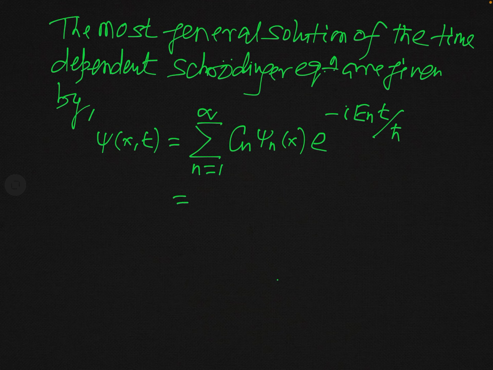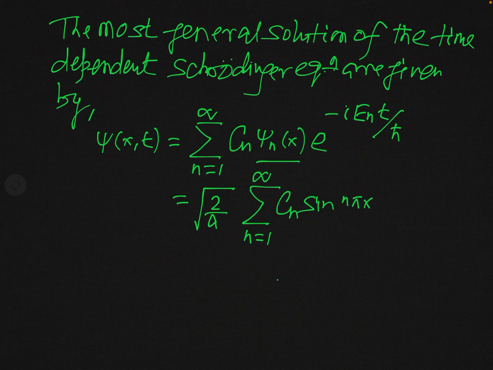And as you have seen in the present case, what is this psi n of x? This is the square root of 2 over a times sine of n pi x over a. That 2 over a is independent of the summation, so we will write it outside of the summation. So this is the square root of 2 over a, summation n from 1 to infinity, Cn sine n pi x over a.